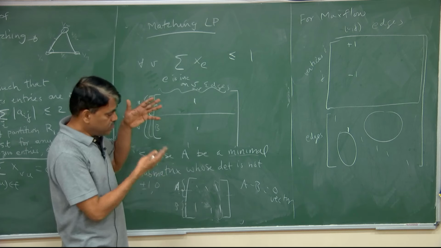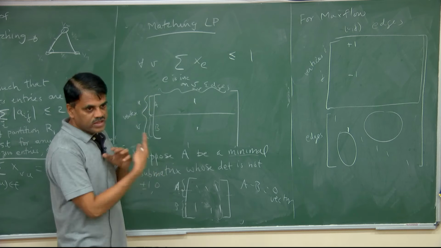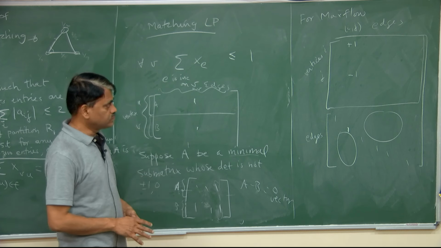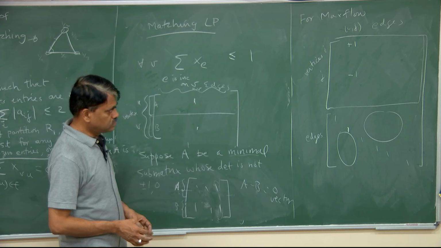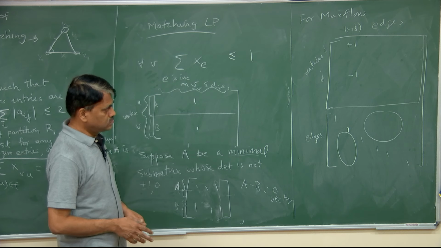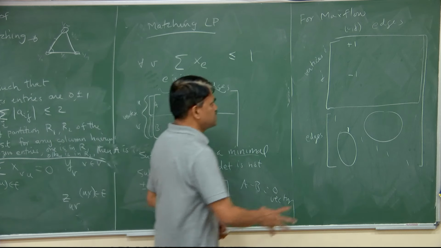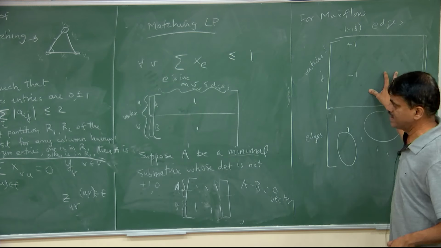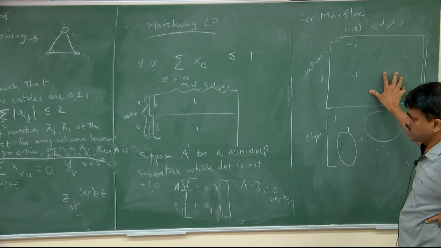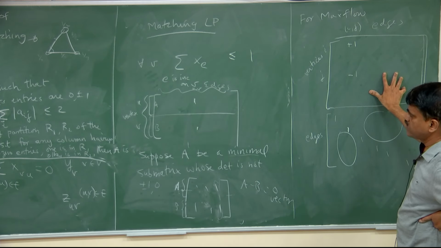So every column has a +1 and a -1. You add them all, they become 0. So at least this matrix is totally unimodular.